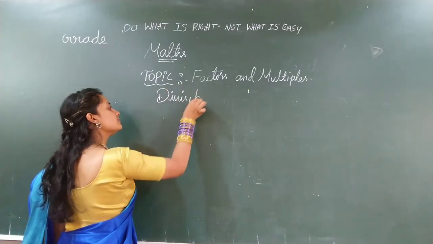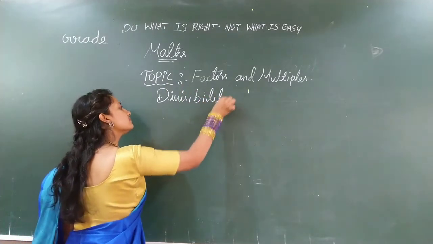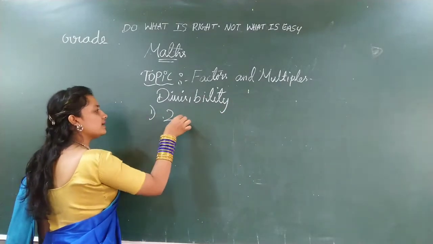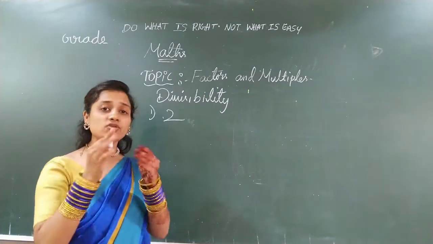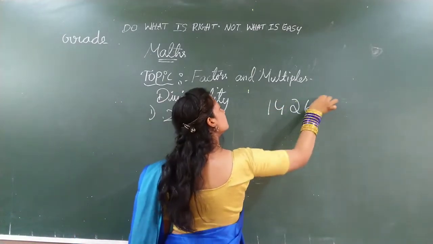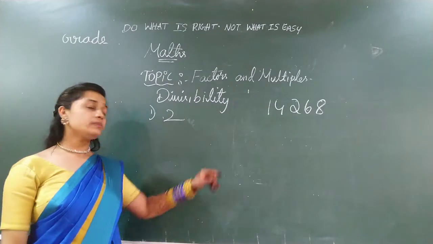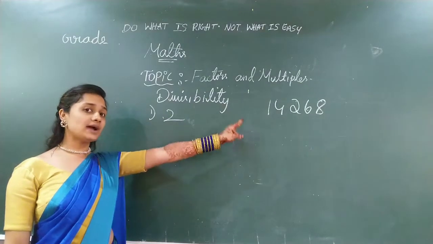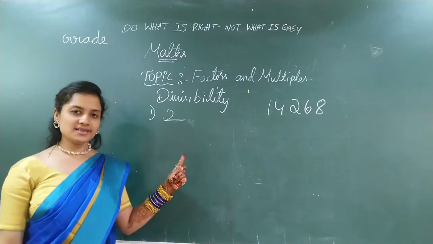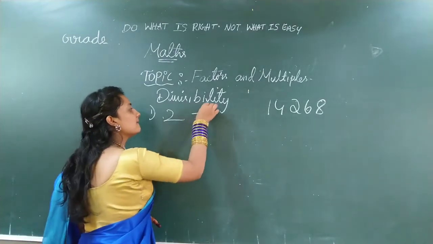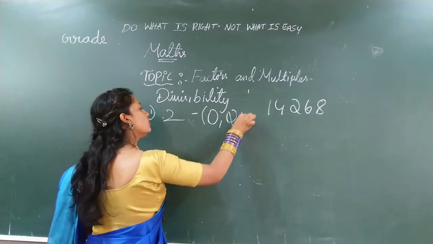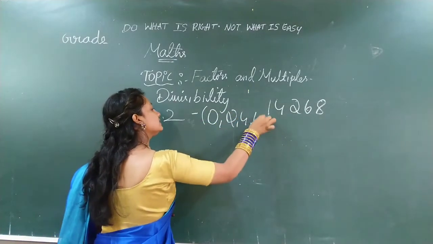First, divisibility by 2. I give you a number and will you be able to tell me whether I can divide this number by 2 or not? Yes, you can tell it very easily, because of 0, 2, 4, 6, 8.